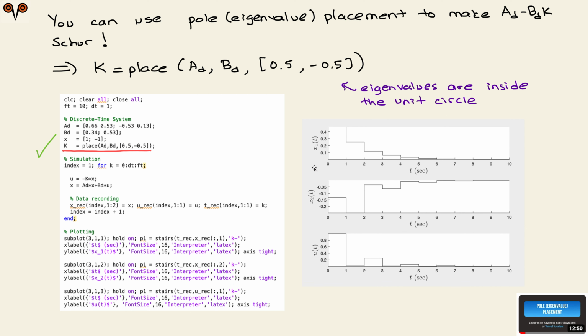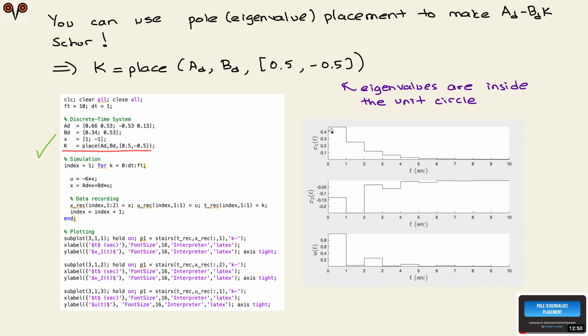This is MATLAB code, and in what follows, I am going to use a bunch of MATLAB examples as well to justify or illustrate theoretical concepts. As you see, for the closed-loop system, x1 and x2 go to 0, and u goes to 0. Don't get confused, I am using time because I am plotting them with respect to time.